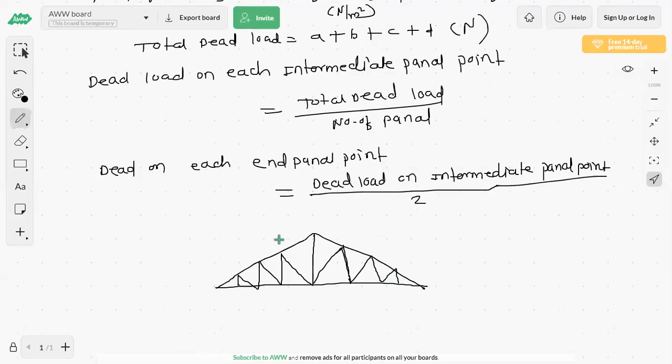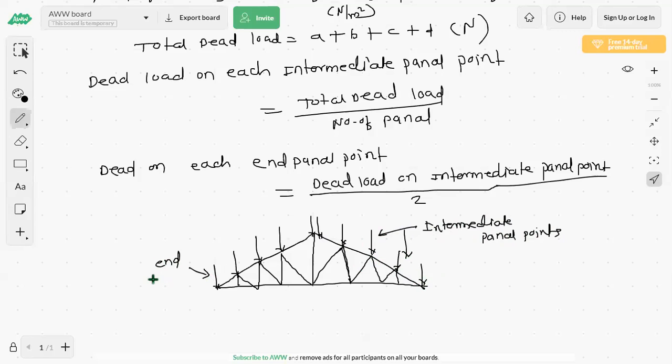If this is the truss, and here this dead load is acting, these internal ones are the intermediate panel points, and these two are the end panel points.